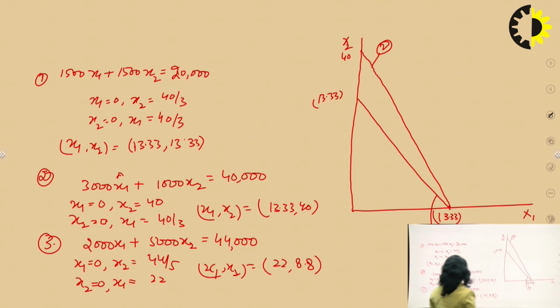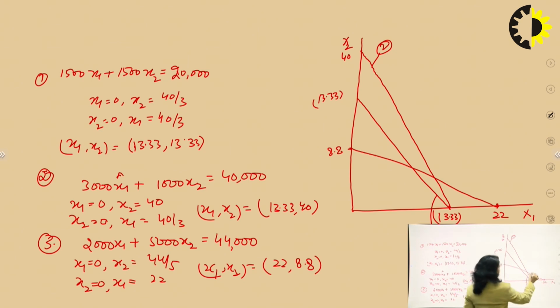Now we will plot the third line. This is 22 and 8.8. So if 22 is here, 8.8 is here. Okay, so this line will become like this. So this is the third line. Now we will shade the region and find out the common, visible region.